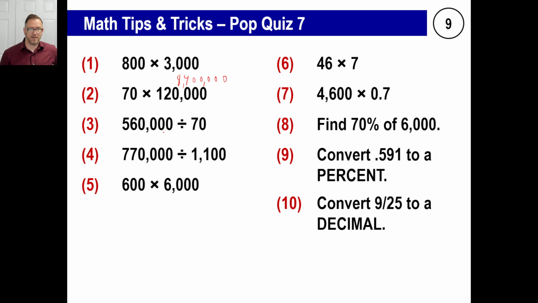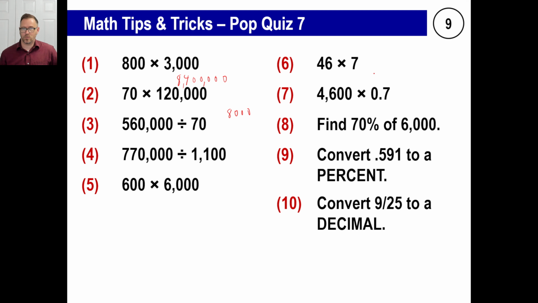Number 3, we're going to have 3 zeros and an 8, so 8,000. Number 4, we're going to have 2 zeros and a 7, so 700. Number 5 is a 36 plus 5 zeros, so 3,600,000.